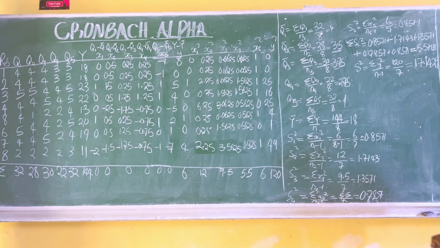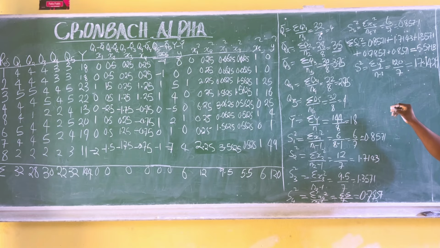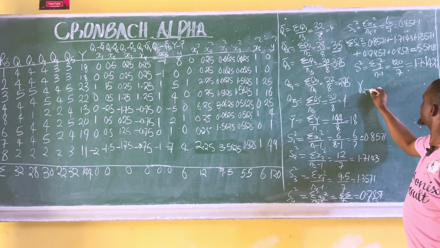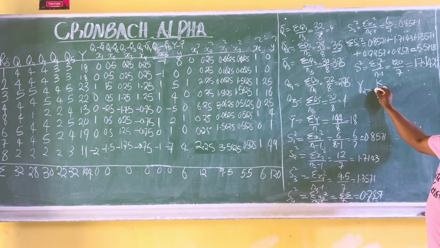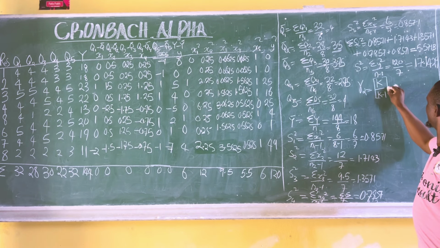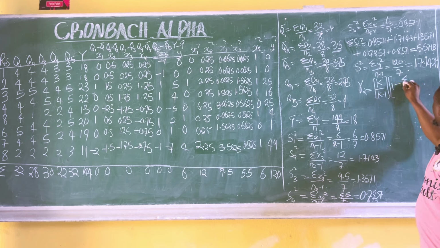Okay, so the next thing will be to compute our Cronbach alpha. So we have Cronbach alpha is equal to k all over k minus 1, all of that into 1 minus summation of our SI square all over S square.